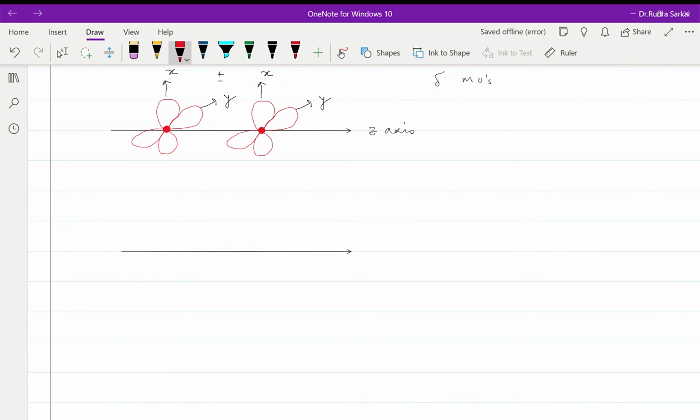So if this is my y and this is my z axis, I'm drawing a lobe like that, and another lobe like that, something like that. And this is my x-axis.